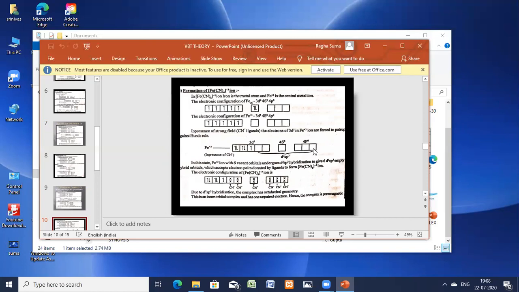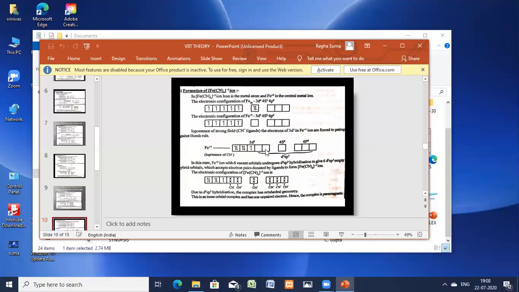Still the ligand has not approached. Okay, the ligand is approaching, therefore hybridization took place and 6 d2sp3 hybrid orbitals are formed. 6 atomic orbitals hybridized to give 6 hybrid orbitals, arranged in all 6 directions around the central metal atom.